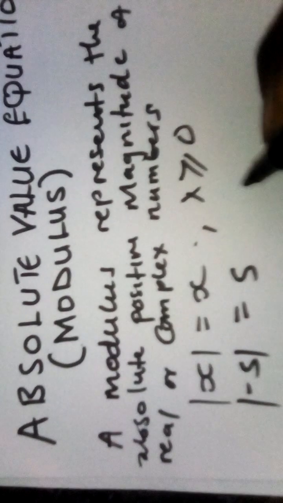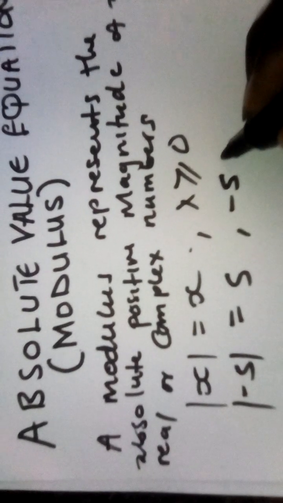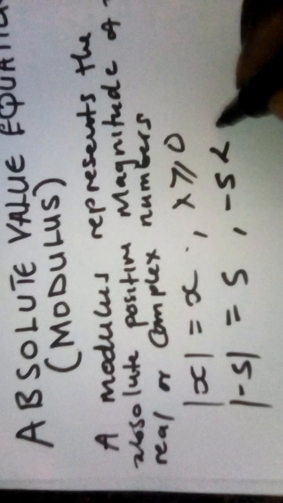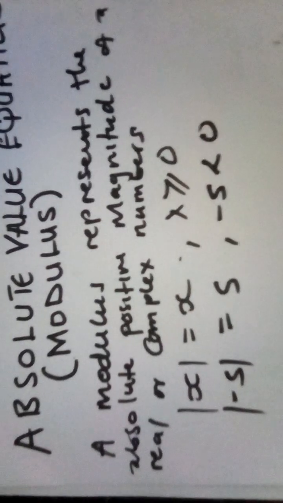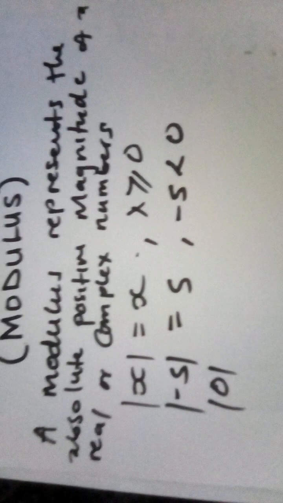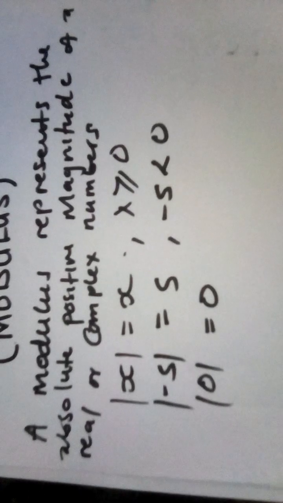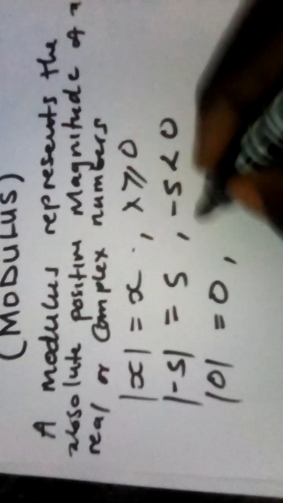Because -5 is less than 0. And what is the absolute value of 0? The absolute value of 0 is simply 0, because 0 is equal to 0.